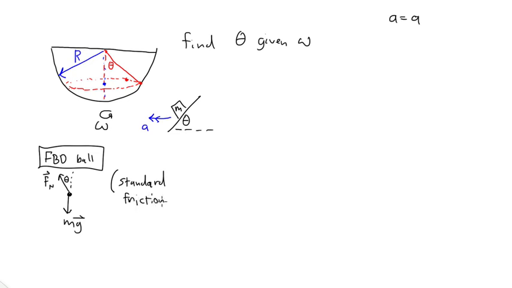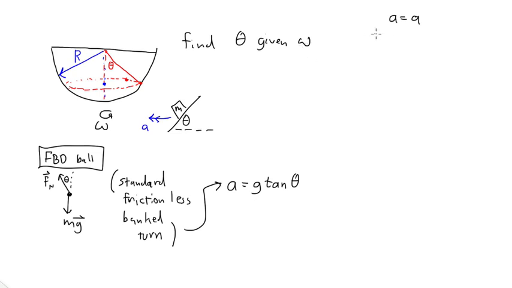Even if you haven't done it before, I've given you enough to do it yourself. Do it if you want, don't do it if you want. But what it leads to is that the acceleration of the ball is equal to g tan theta.